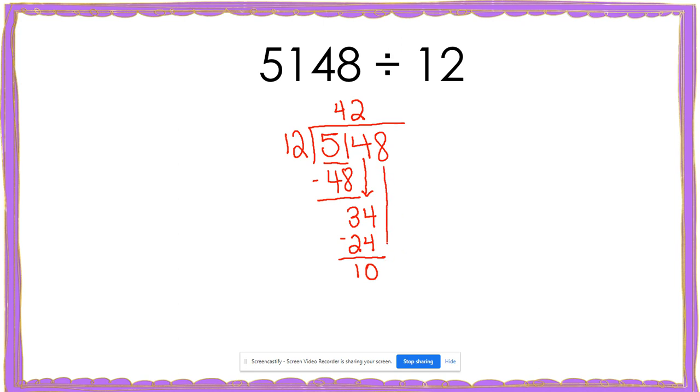Now I still have an 8 in my dividend, so I'm going to bring it down. And 108 divided by 12 gives me 9. 9 times 12 is 108, so when I do this, I'm left with 0. That means that the quotient of 5,148 and 12 is 429.